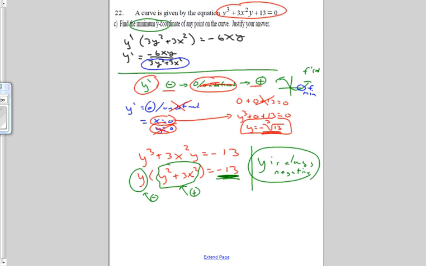Now let's start looking at our derivative equation. We know dy dx equals negative 6xy over 3y squared plus 3x squared.